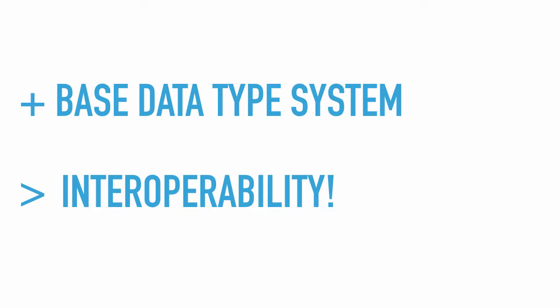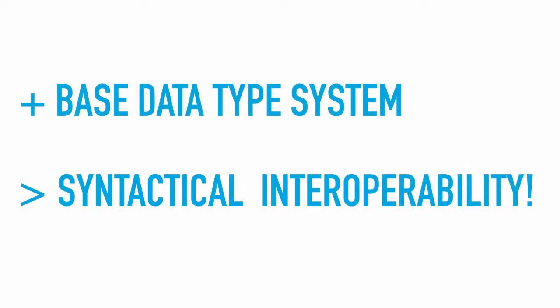And so if we're fixing that kind of base data system, then we more or less have reached interoperability at some level. And to be exact, that's actually a syntactical level, which means that on the code level, we are now able to say, well, okay, this one has exactly this kind of input, and we can map that and forward that to another device.